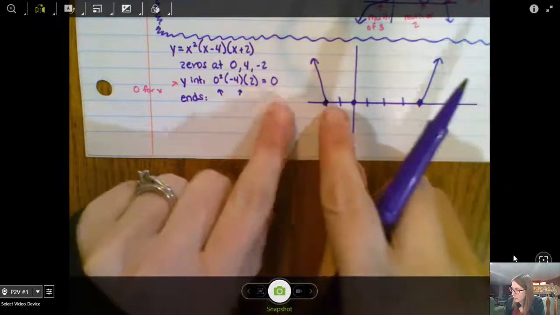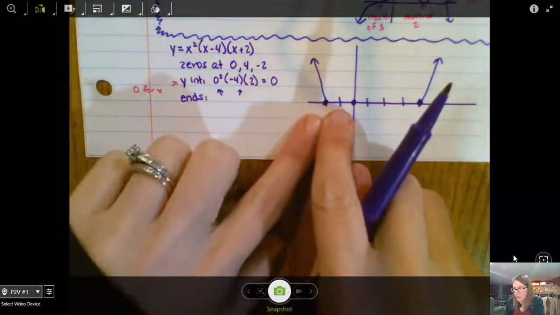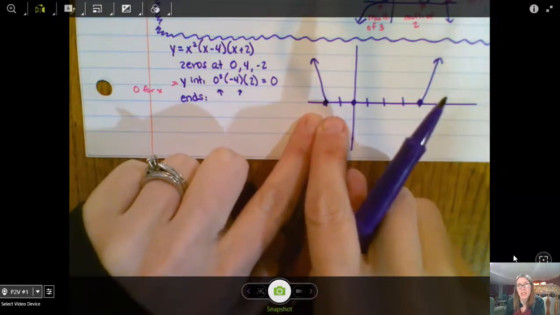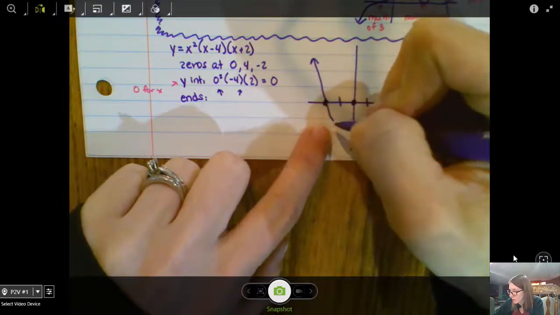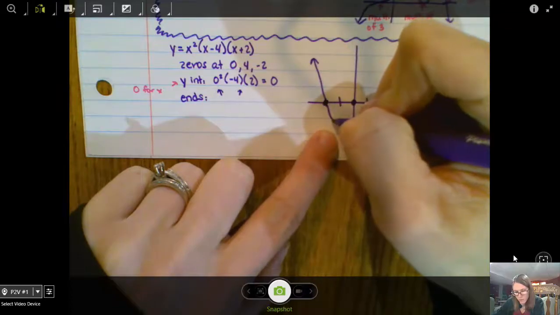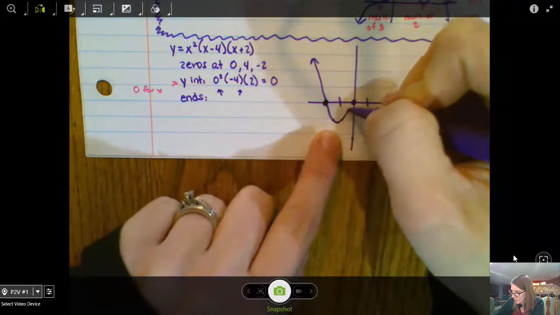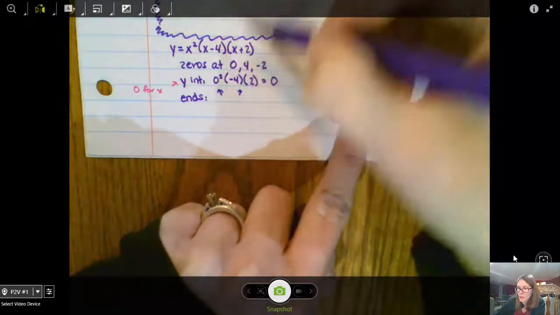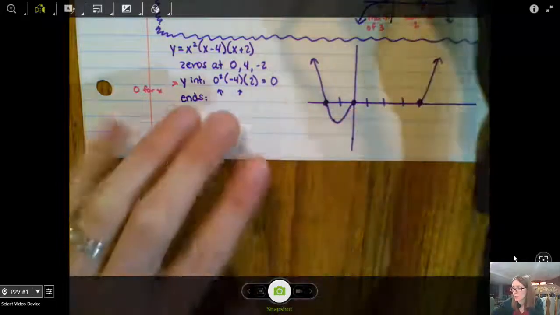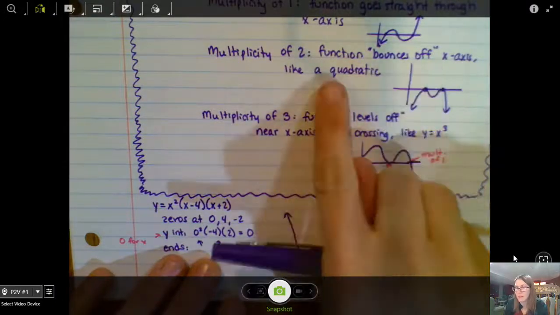At this 0 at -2 here, we set up above that this x-intercept had a multiplicity of 1. So our graph goes straight through. And at some point, we're going to turn around, hit our x-intercept at 0, which we said has a multiplicity of 2. That multiplicity of 2 tells us that our function bounces off the x-axis like a quadratic.